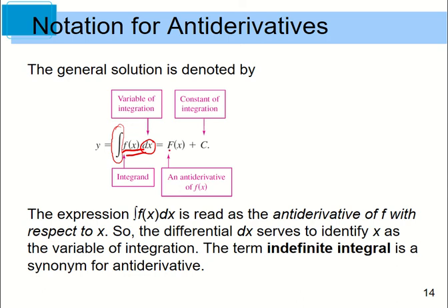After we get the answer, it is called the antiderivative, and the C refers to the constant of integration. We call this an indefinite integral when we just integrate the function. We are going to learn definite integrals later, when the integration involves numbers.